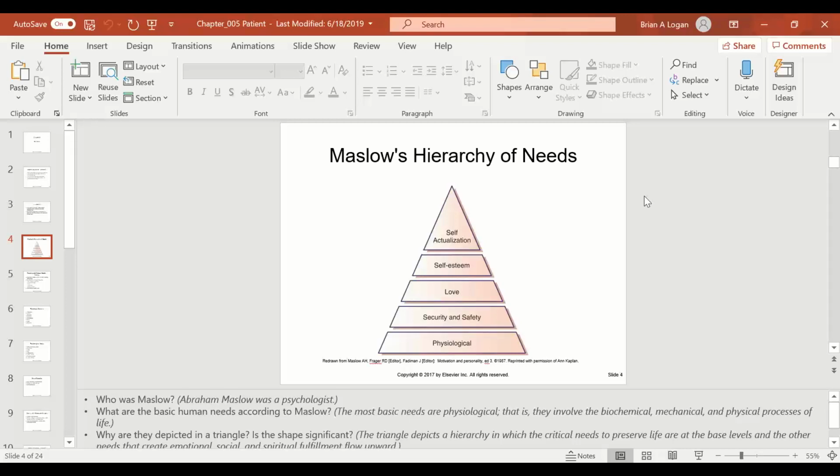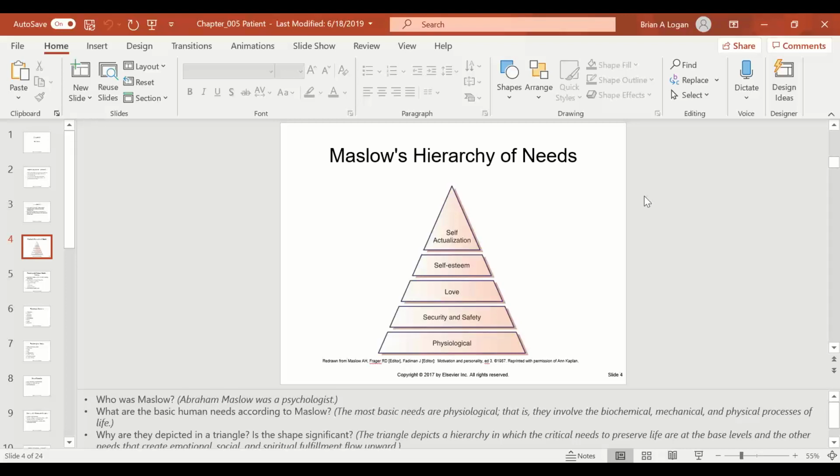The things that are most important to people, humans in general, are the things on the bottom. And then as you move up, they become a little less important to the individual. That's how Maslow's hierarchy of needs goes.